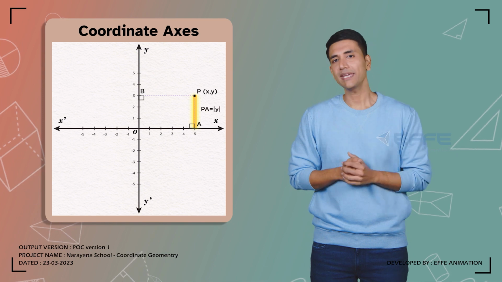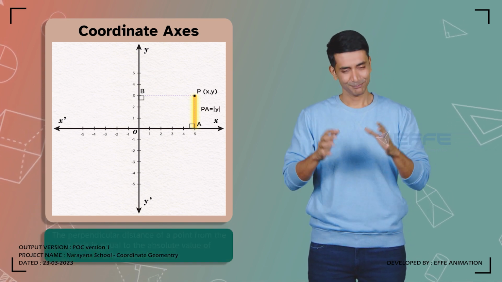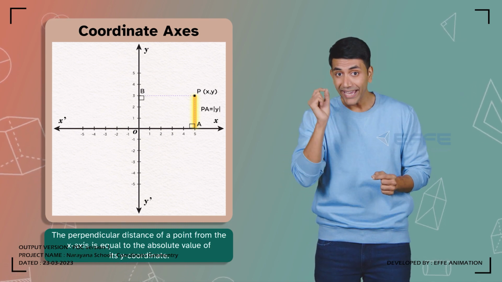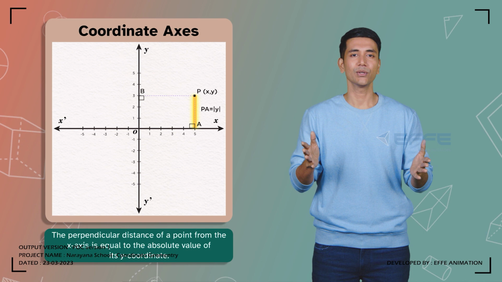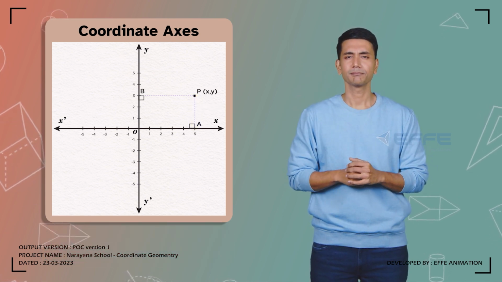The length of PA will be equal to the absolute value of y. Thus, the perpendicular distance of a point from the x-axis is equal to the absolute value of its y-coordinate.